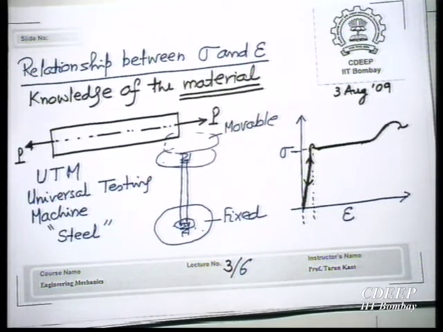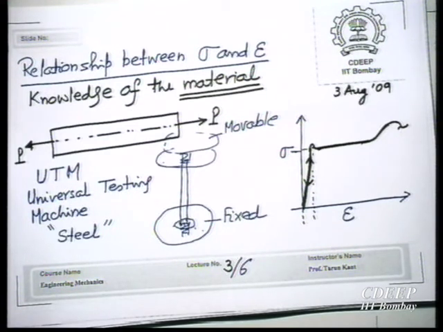So, this one is very important. This is fully linear, and what do we call an elastic material? An elastic material is one which recovers its original length. You take a rubber, by the way, it is elastic. You take a ball, you take your eraser, it comes back, it is elastic.